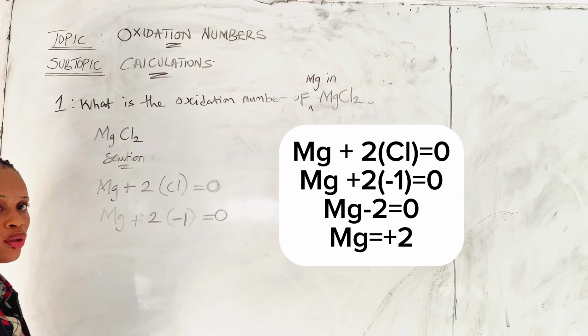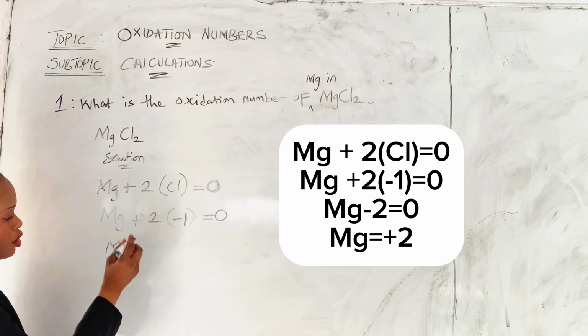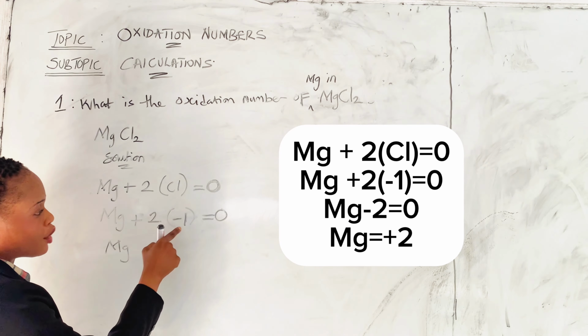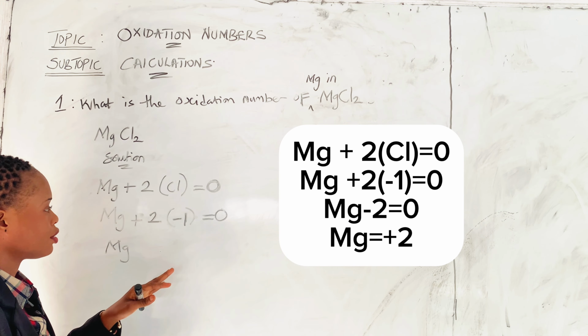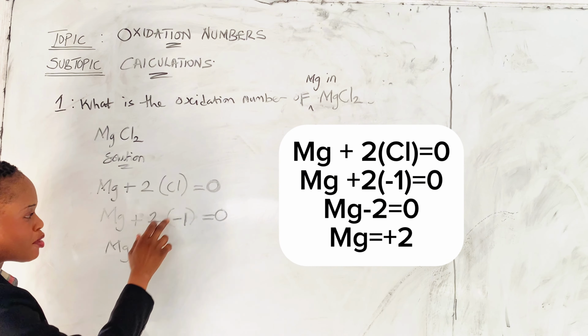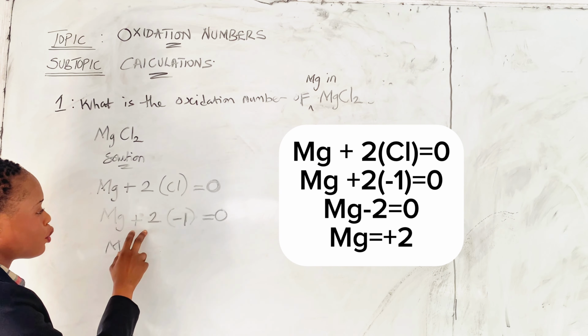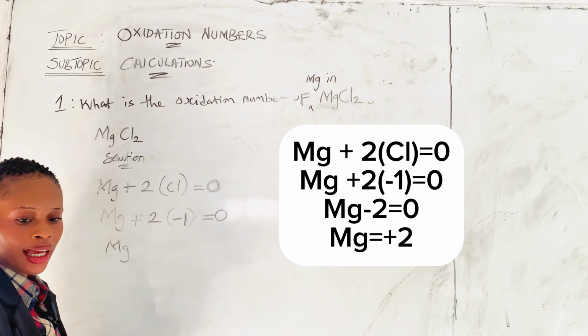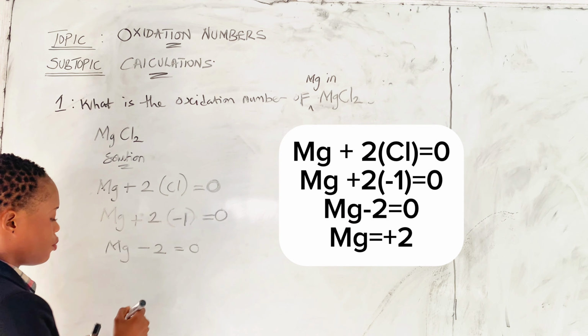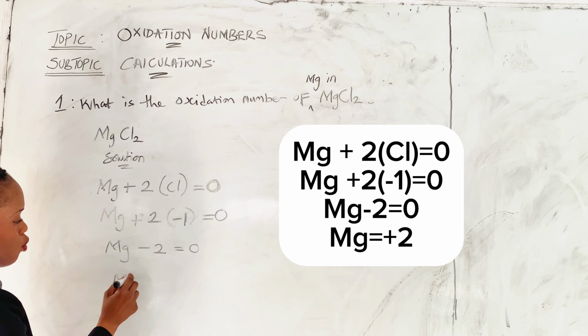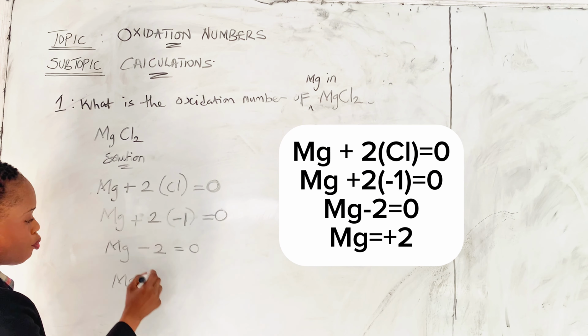So we can now calculate Mg. Now, plus 2 minus 1 is what? 2 times, remember this bracket means times. Plus 2 times -1 is -2, equals 0. Mg will now be equal to plus 2.